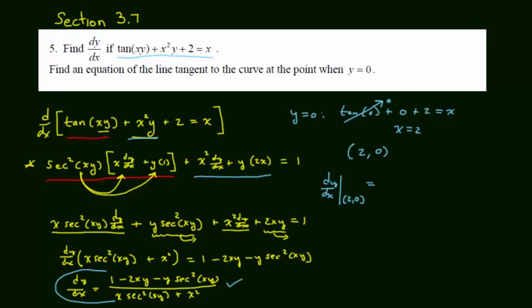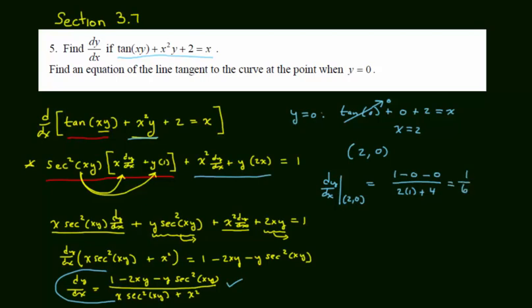And if you do all that, it comes out to be 1 minus 0 minus 0 over, let's see, 2 times 1 plus 4, so the slope comes out to be 1/6.